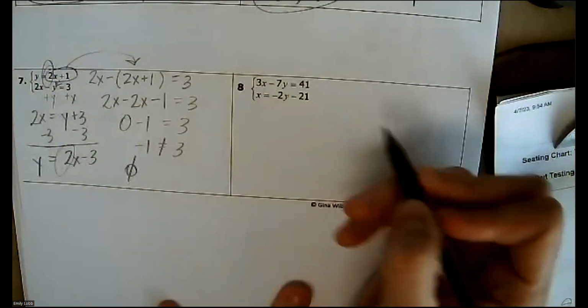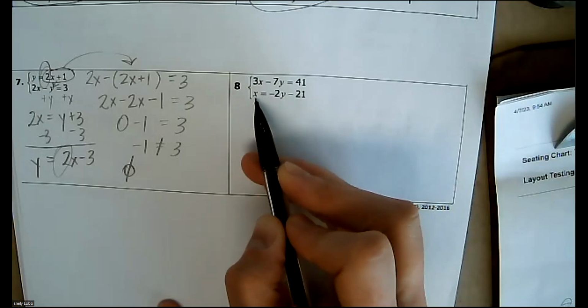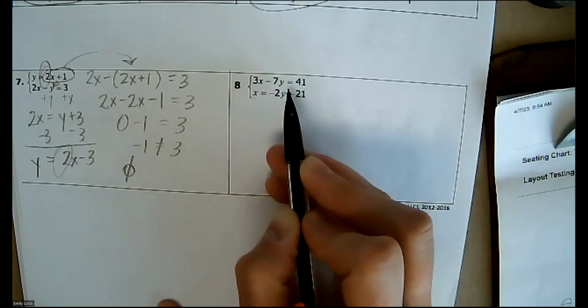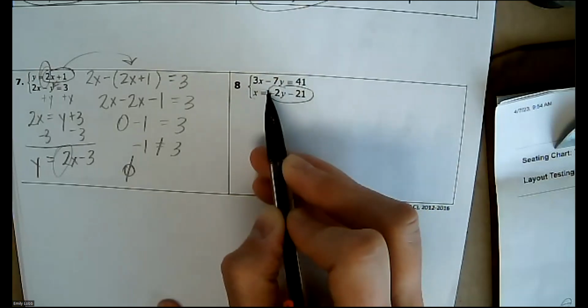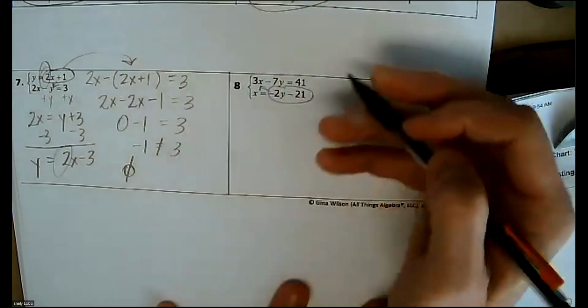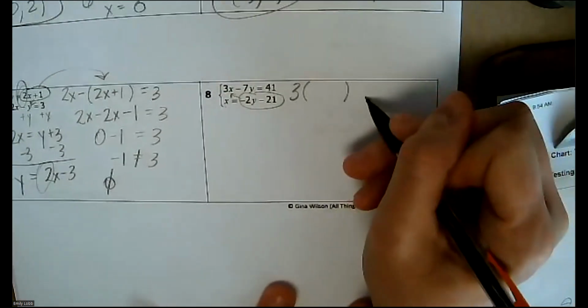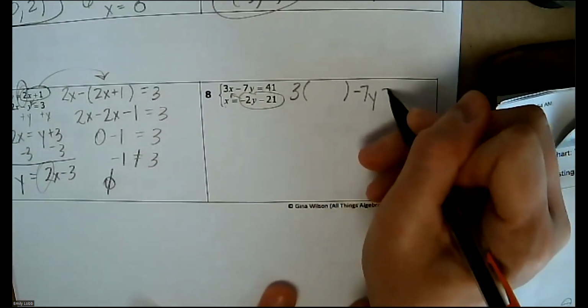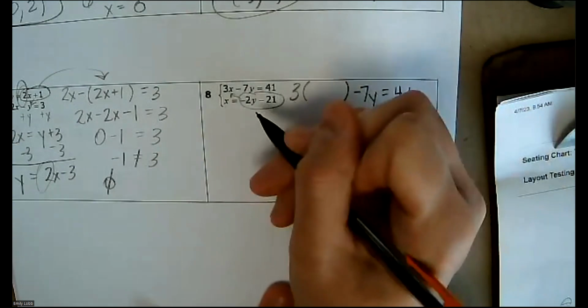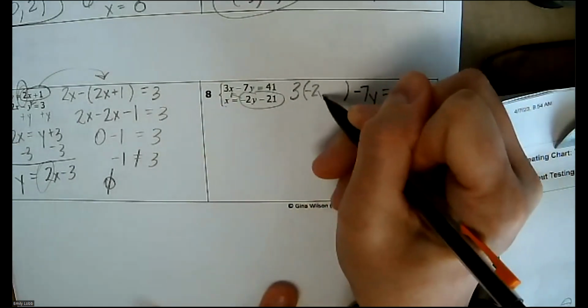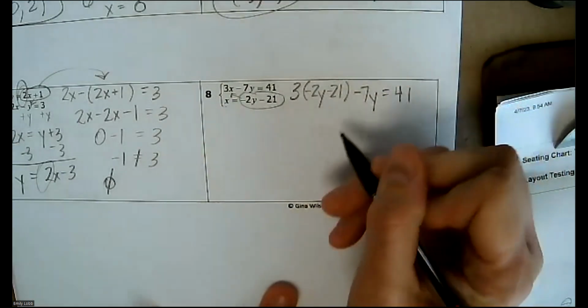All right, so then 1 is already solved for x, so we're putting this in for x here. So I'm writing out my problem. Minus 7y is equal to 41. So this is negative 2y minus 21.